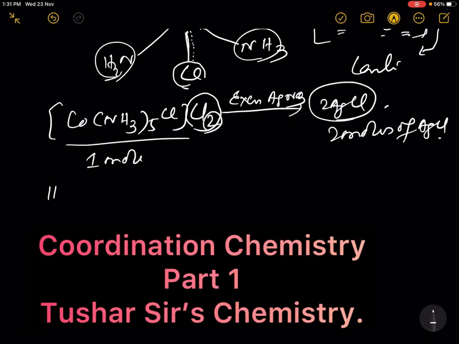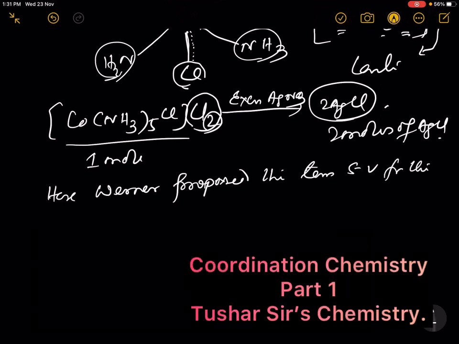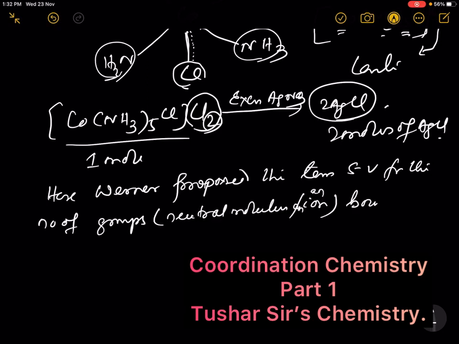Here Werner proposed the term secondary valency for the number of groups bound directly to the metal ion.